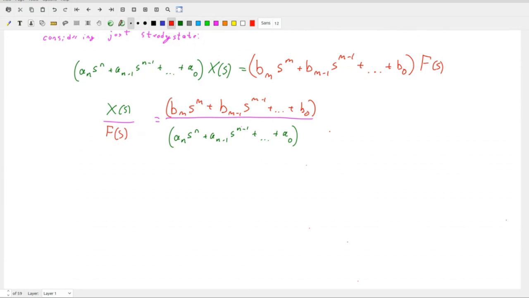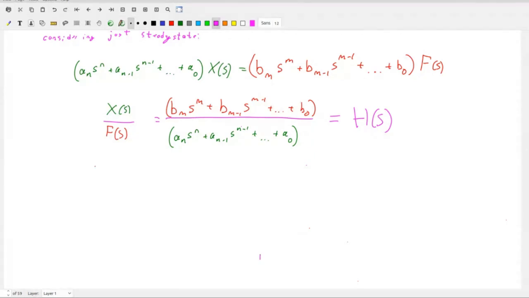Okay, so now we have an algebraic expression on our right-hand side, and that is going to be our transfer function, right? So this shows that the ratio of the input algebraic expression to the output algebraic expression is equal to the ratio of the Laplace variable of the input over the output, right?